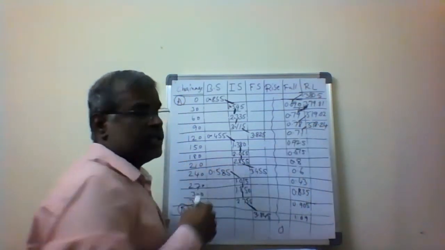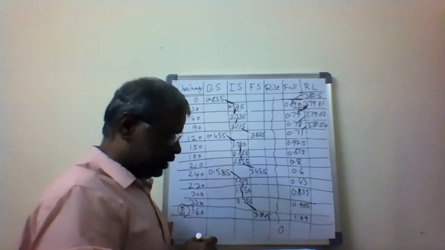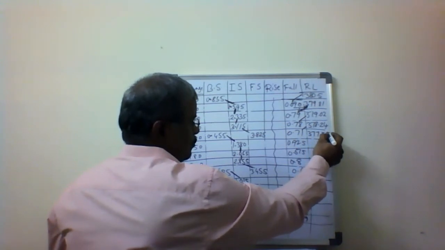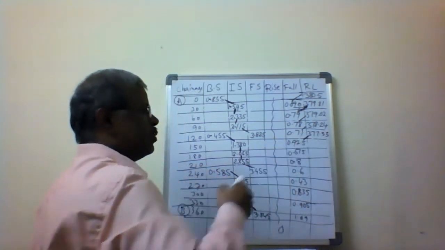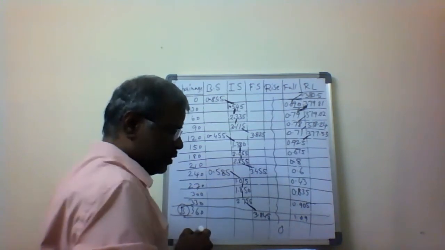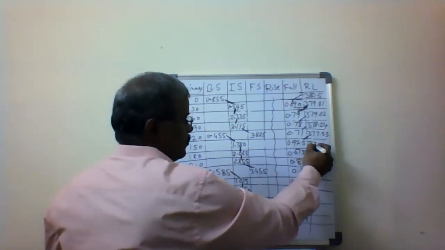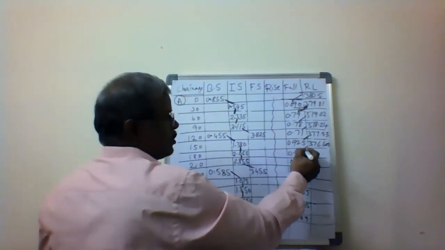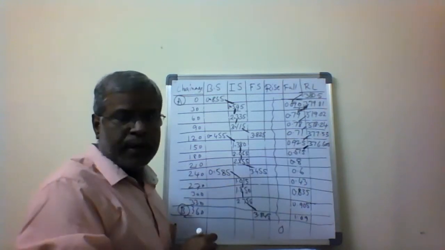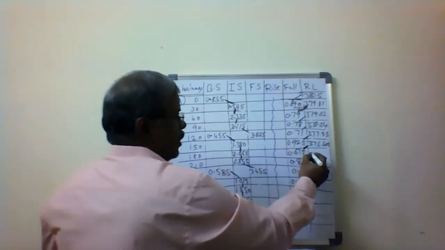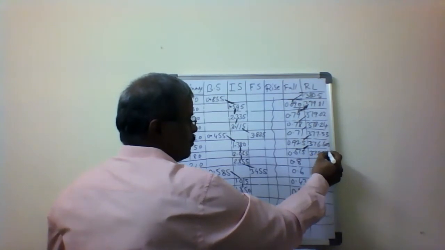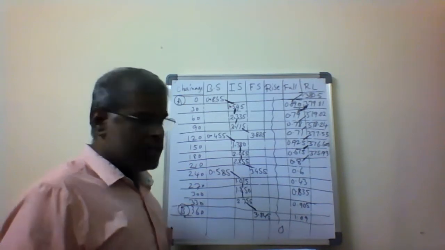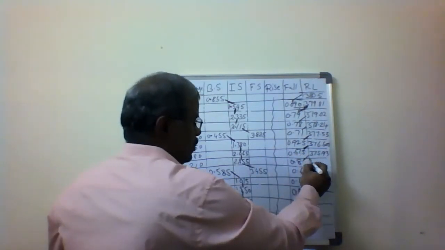Now 378.24 minus 0.71 is 377.53. Subtracting 377.53 minus 0.925 gives 376.605. Then 376.605 minus 0.675 is 375.93. Then 375.93 minus 0.8 is 375.13.